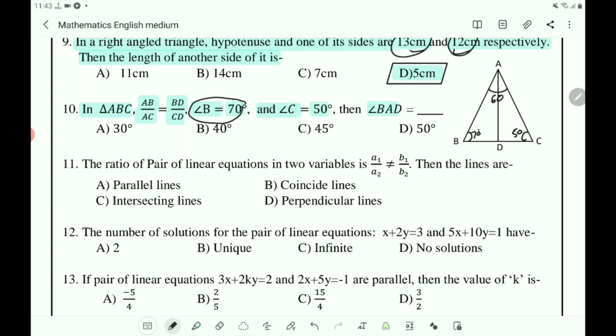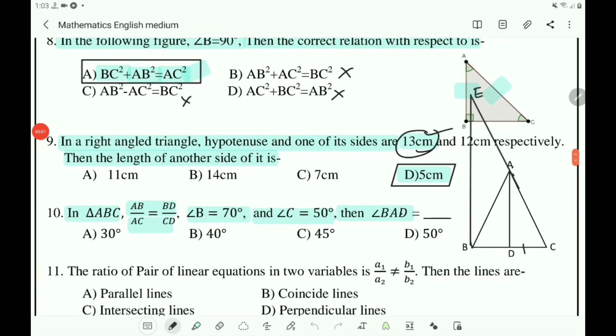Then here it is given that AB by AC. Now let us have the extra construction here. Extend this AC to AE, such that this AE must be equal to AB.